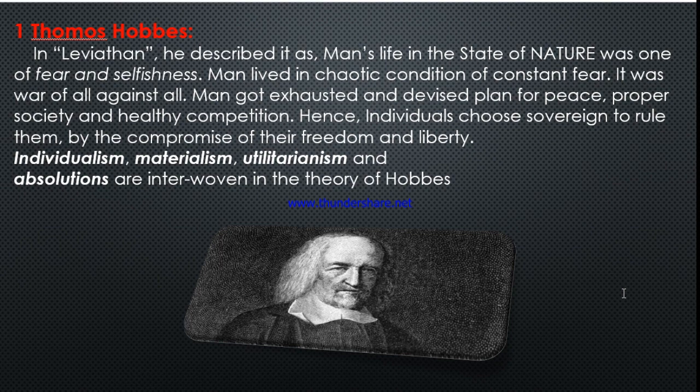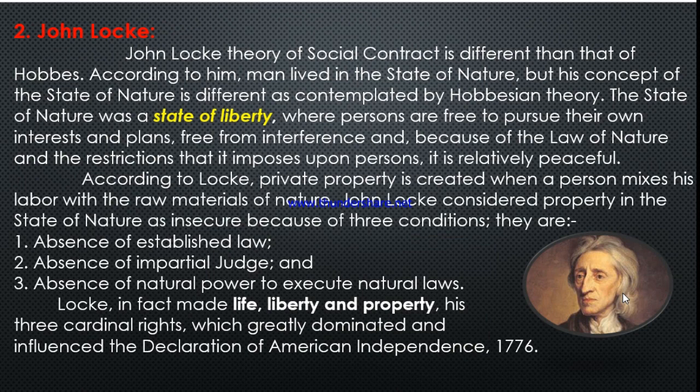They chose one sovereign, the ruler, who will rule them, and they will follow him. In Thomas Hobbes's writing, individualism and materialism are very obvious and interwoven in his theory. So that was the social contract theory of Thomas Hobbes.